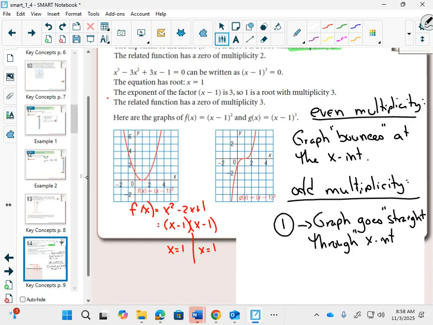The graph goes straight through that x-intercept. So all the graphs we've had so far have all had multiplicities of 1. And when we draw our graph, we just went straight through that point to the next point, because that's what would be natural to go through all the points.